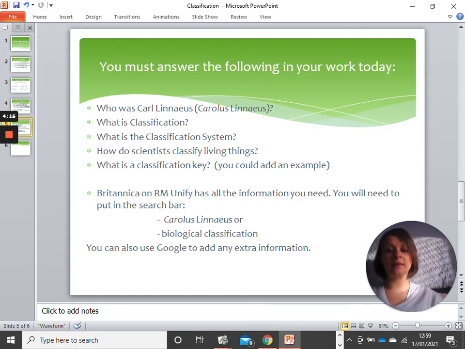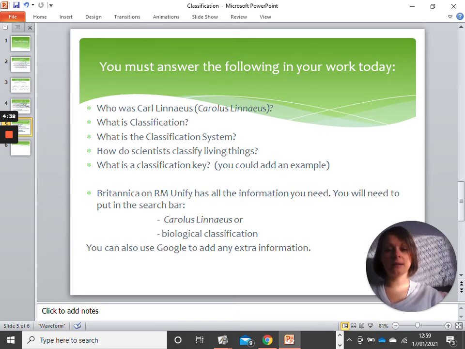You then might have an additional box titled, What is classification? With an explanation of classification. Then your next section will be what is the classification system. So I expect you to have a really good paragraph about what is the classification system and explaining it to the reader.